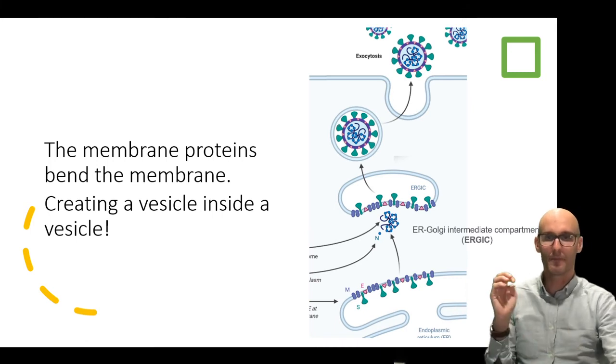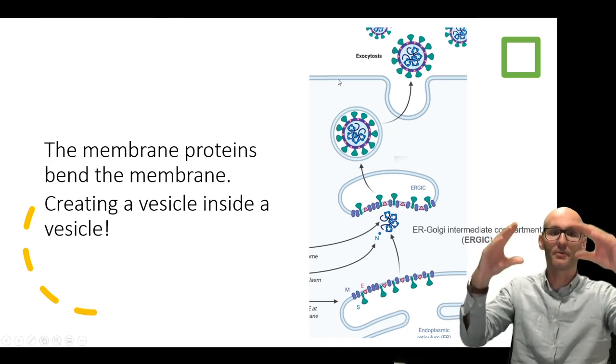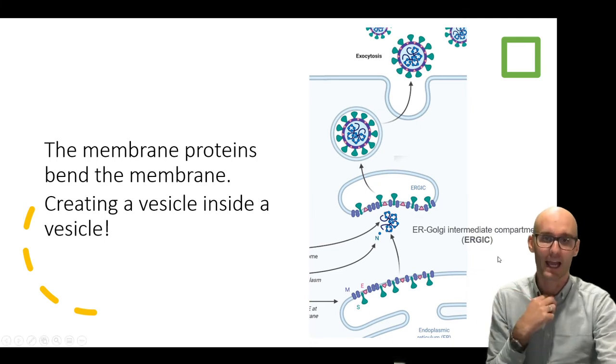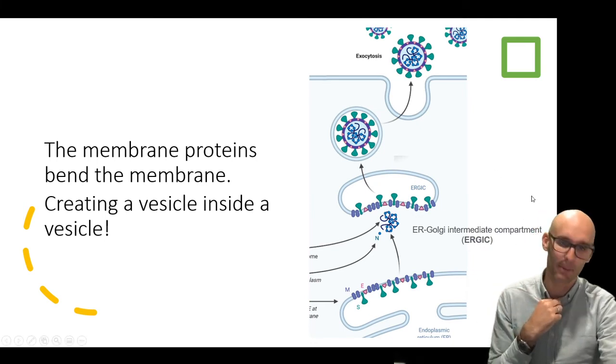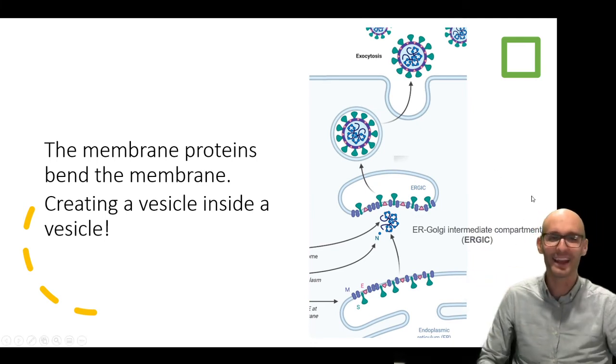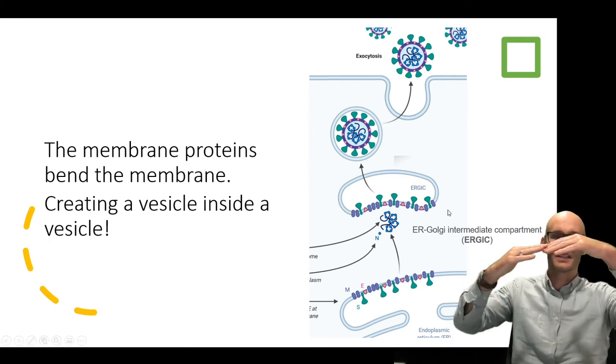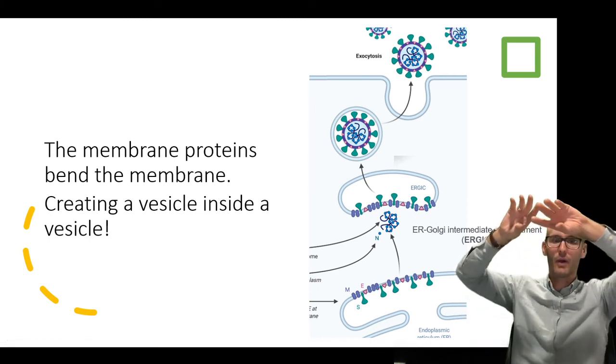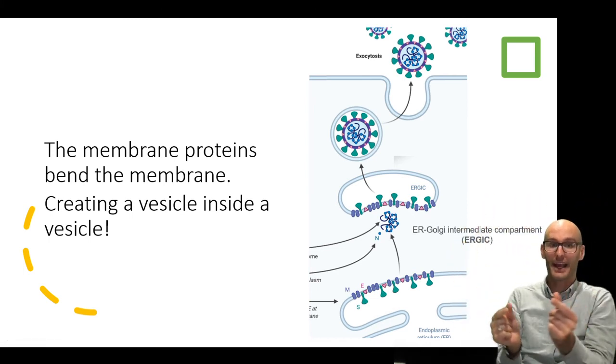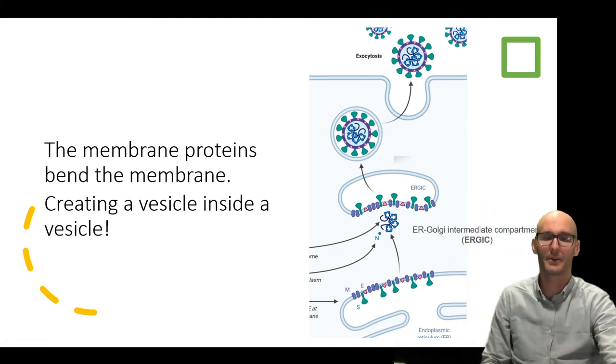So we end up with a full viral particle that's formed from the membrane of this Golgi intermediate compartment. I wish there was a smaller way to say that. But basically, this membrane compartment gets bent around to create the viral particle, and a whole nother layer is bent around to encapsulate that viral particle.